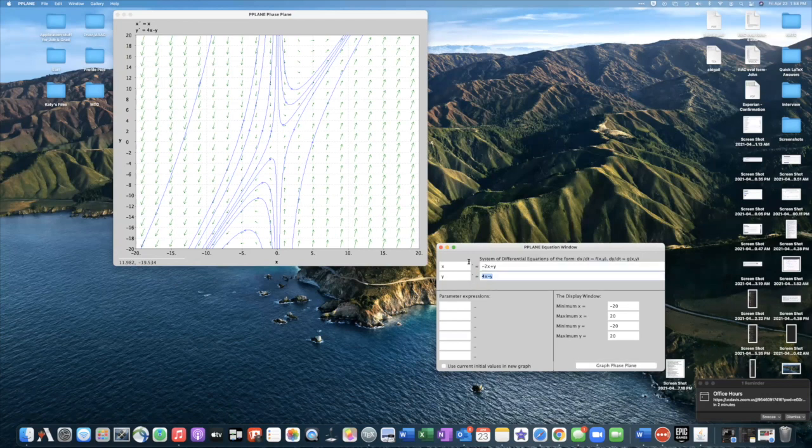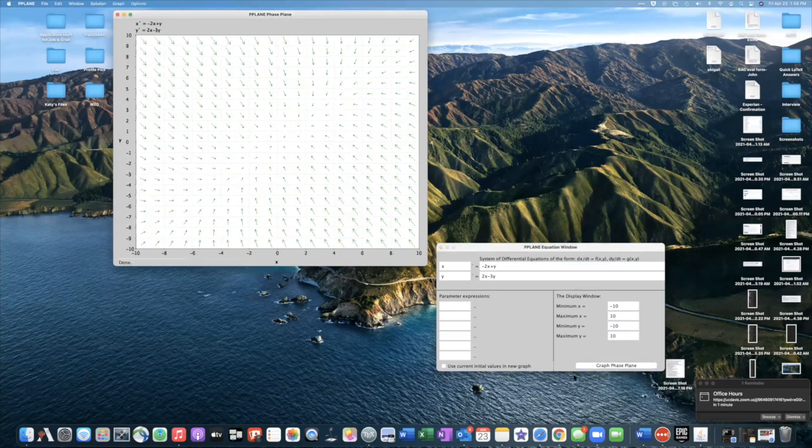And our second equation was dx2 is 2x1, which is 2x, minus 3y. Whoops, I need a minus sign there. Well, let's make it a little bit less big. So there it is. You can see things are pointing inwards.